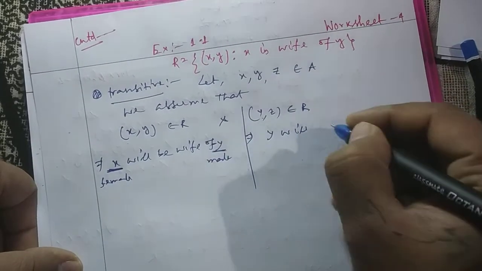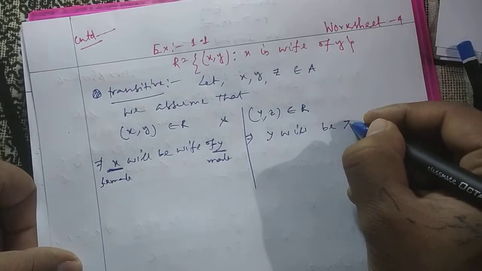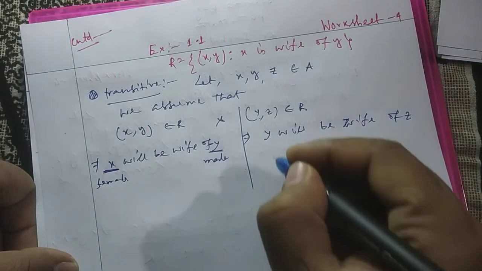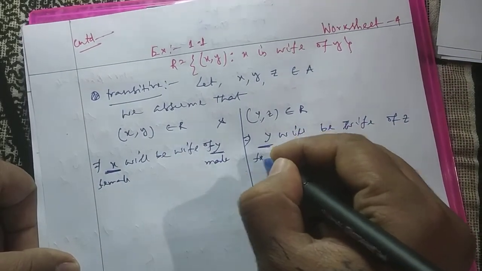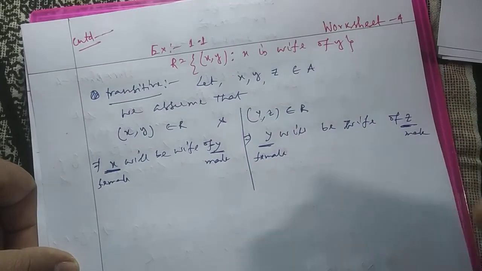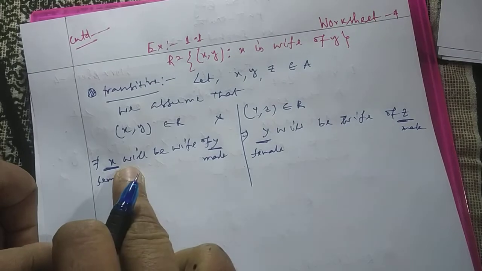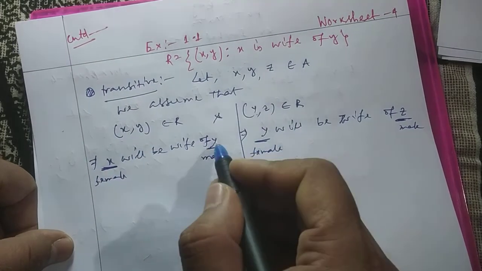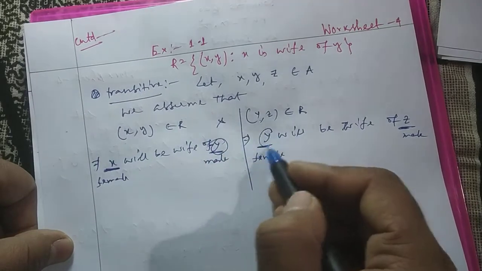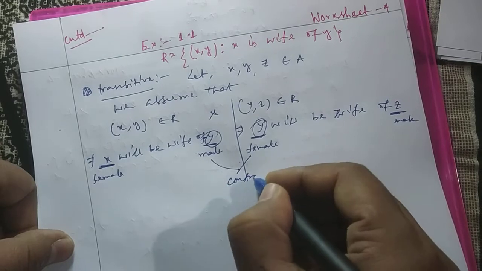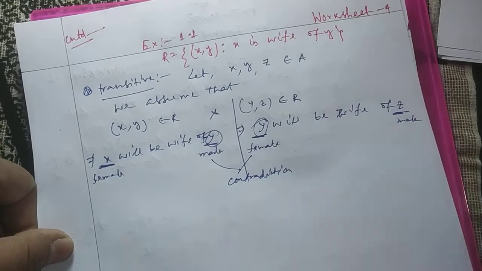Y will be wife of Z. That means here Y has to be female, Z is to be male. But in the previous step we have seen that X will be wife of Y, meaning Y is the male, but here we see Y is the female. It is a contradiction.